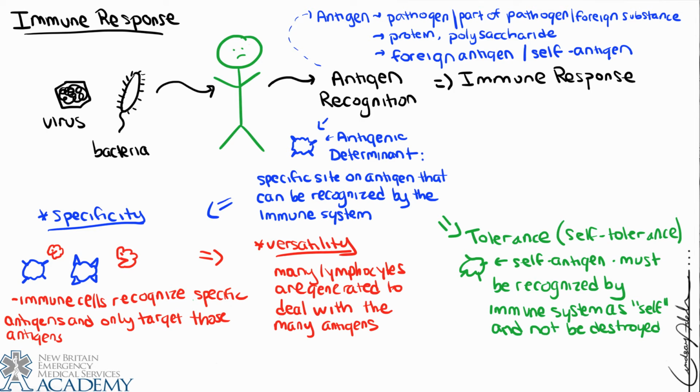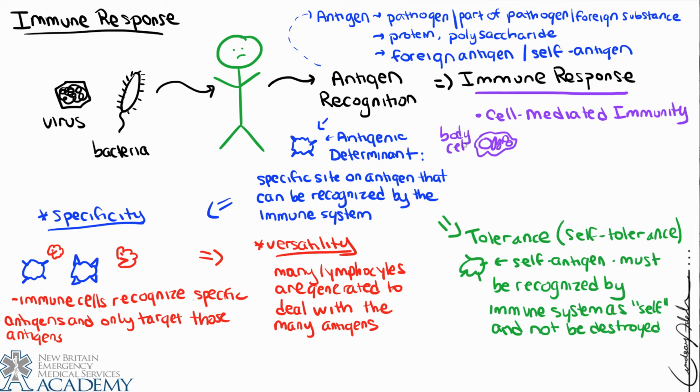All right. So when we think of immune response, there are two sort of processes involved in developing the immune response. One is cell-mediated immunity. And in cell-mediated immunity, let's just draw a body cell. In the body cell, we can see nucleus, endoplasmic reticulum, Golgi apparatus, and a virus. And so the virus has been sort of engulfed, or it's made its way into the cell.